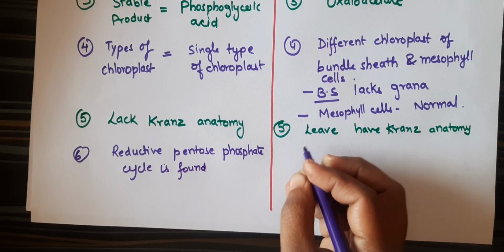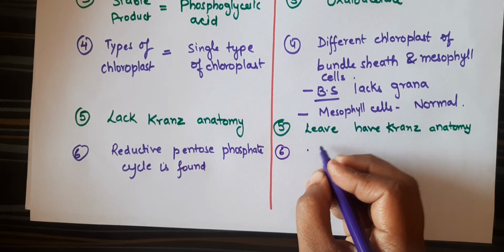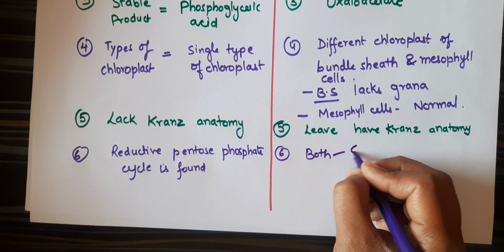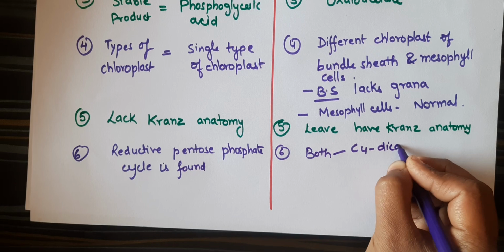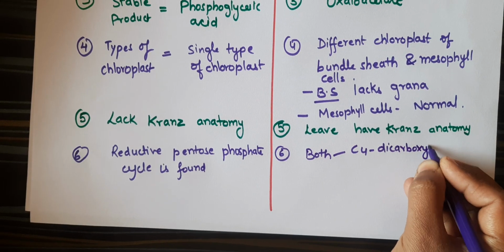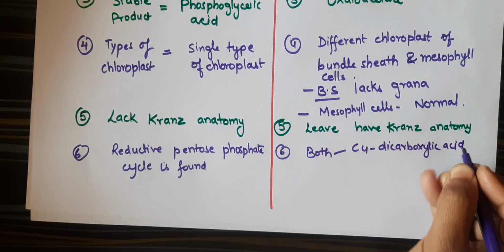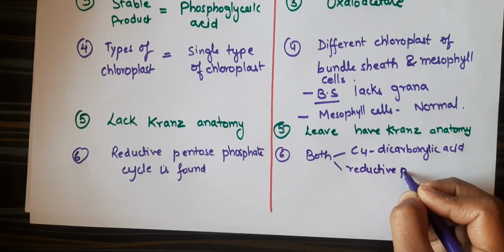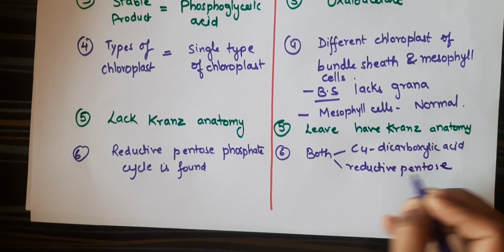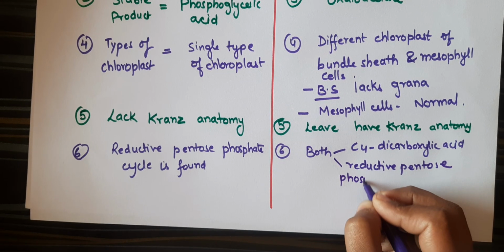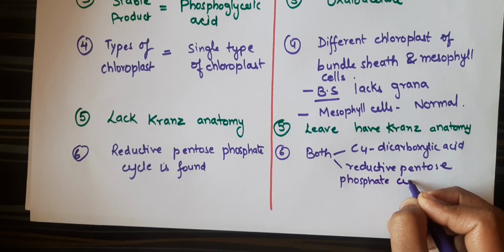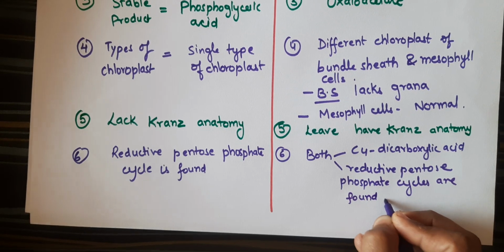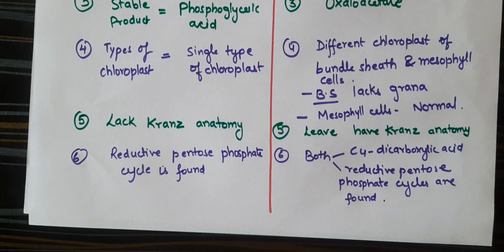So in C4 plant both the C4 dicarboxylic acid cycle and the reductive pentose phosphate cycle are found. So this is the sixth difference.